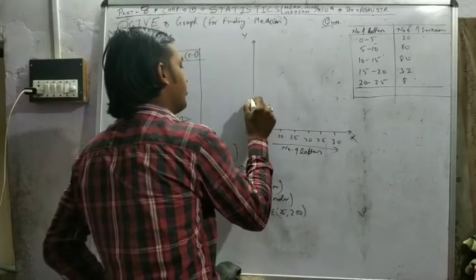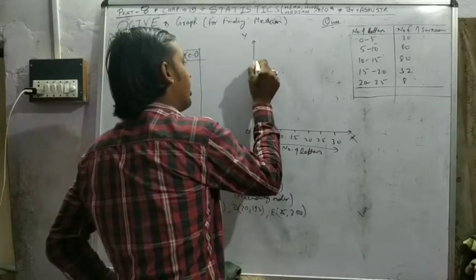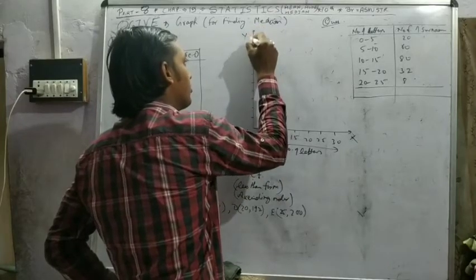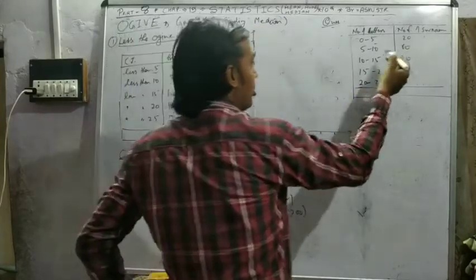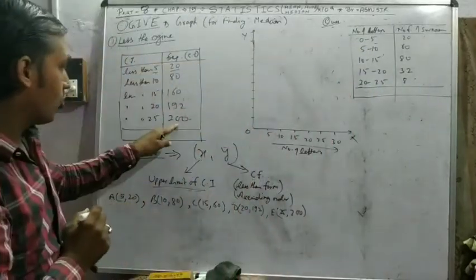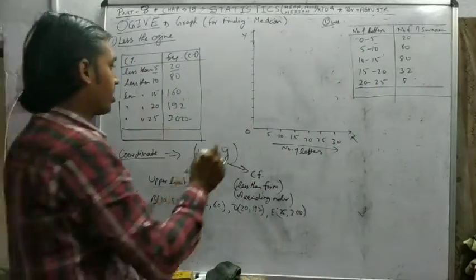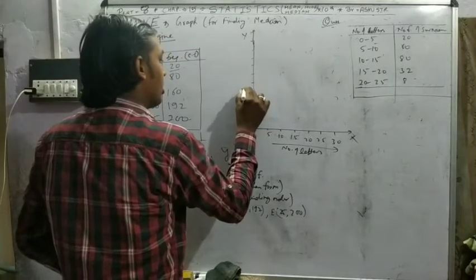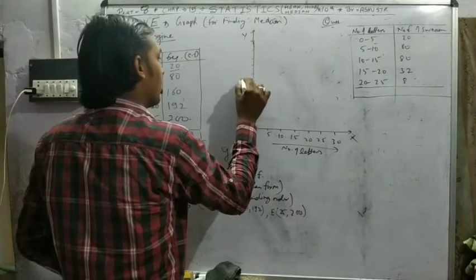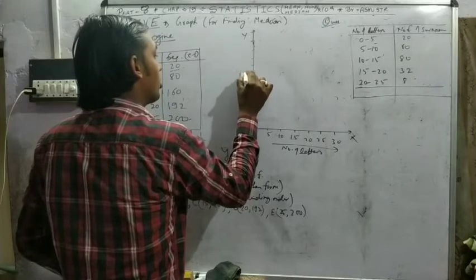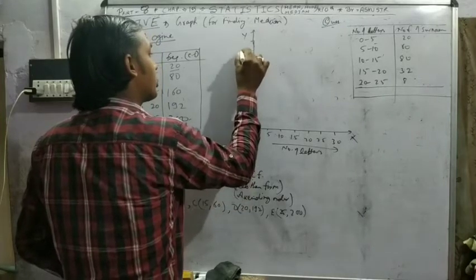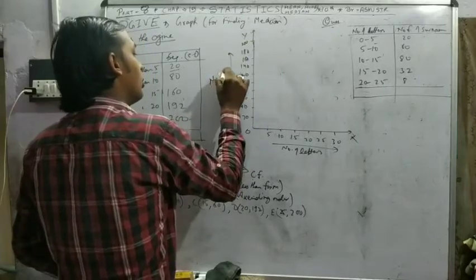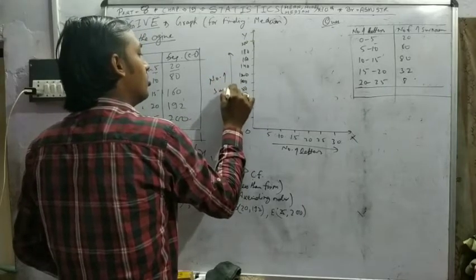And here we take the scale according to the question. This starts from 20 to 200, so we take 20, 40, 60, 80, 100, 120, 140, 160, 180, 200, and write the number of surnames.